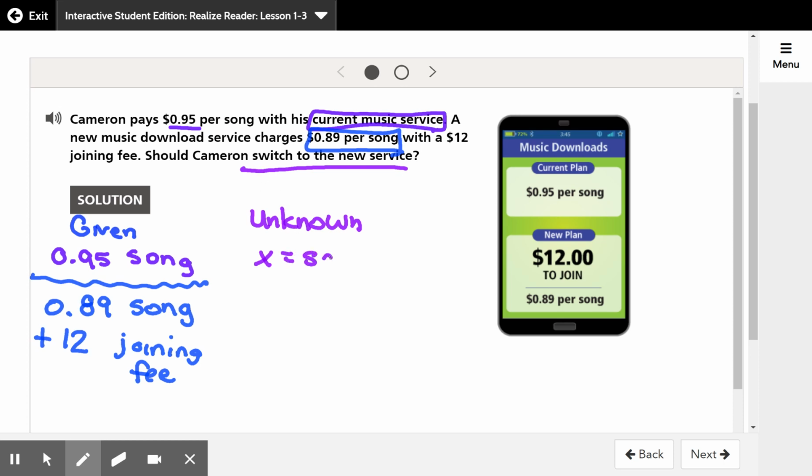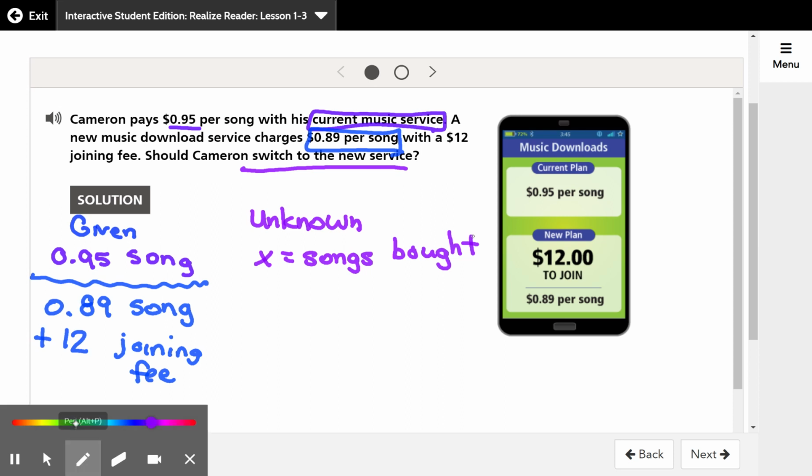So we should put songs bought. Now we're comparing the two, so we want to equal the two sides to see what our best option is.